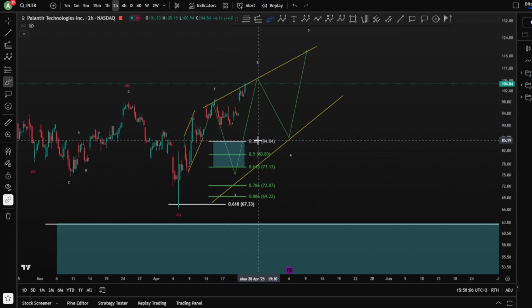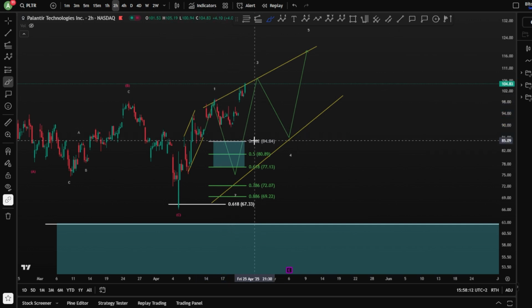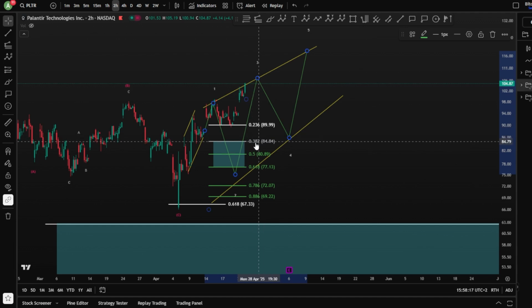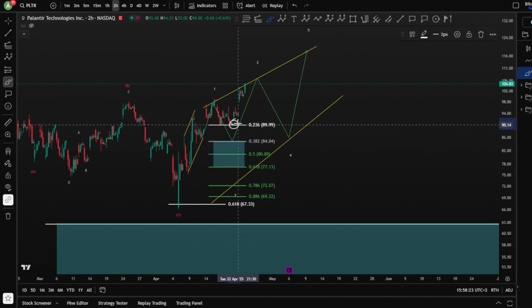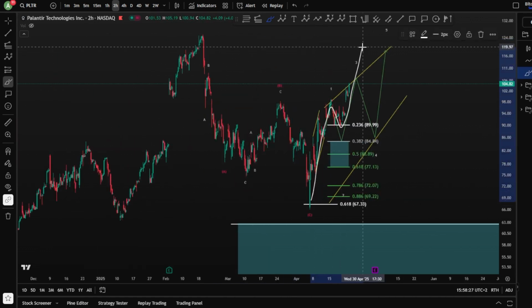It looks like we are looking for a very small correction, which did not even reach the 0.23. Normally it would be nicer if we hit at least the 0.38 rather than the 0.23, because it can be a wave B here, meaning unfolding a zigzag.